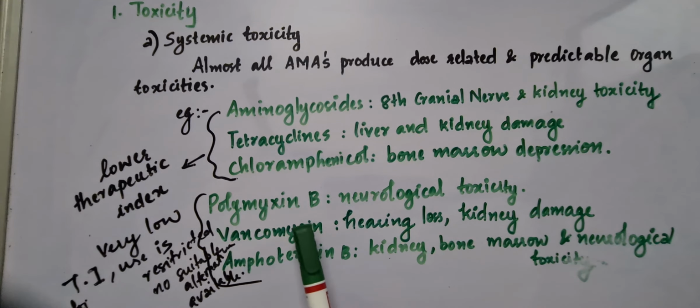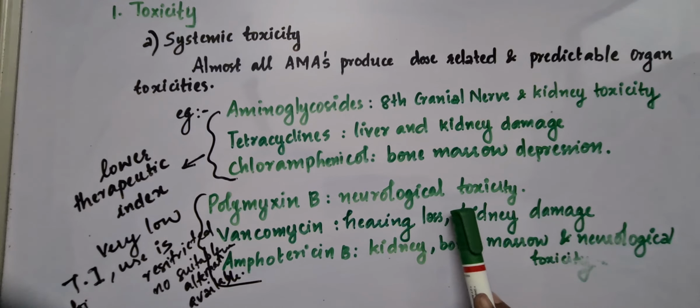Next we can see polymyxin B, which causes neurological toxicity. Vancomycin causes hearing loss and kidney damage. Amphotericin B causes kidney, bone marrow and neurological toxicity.